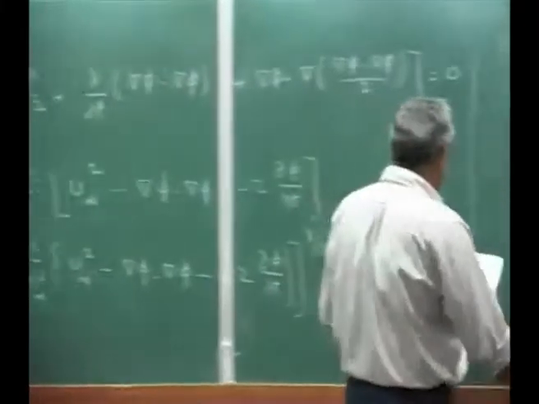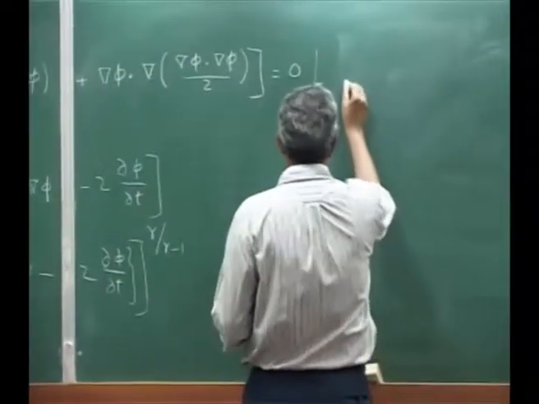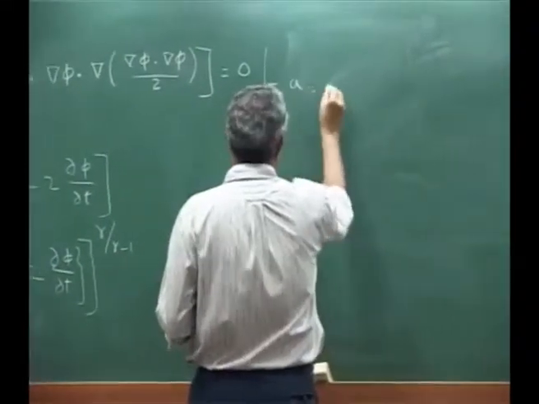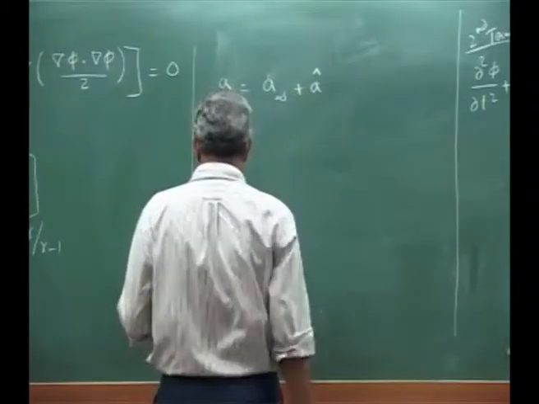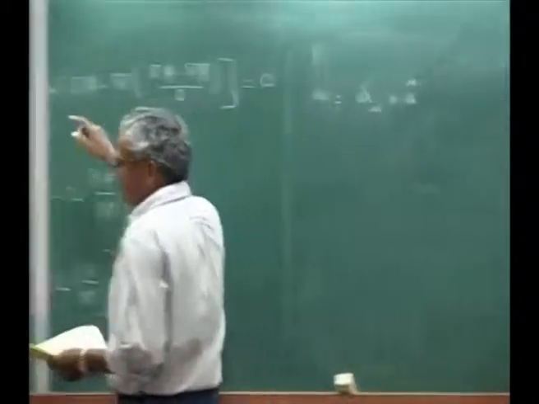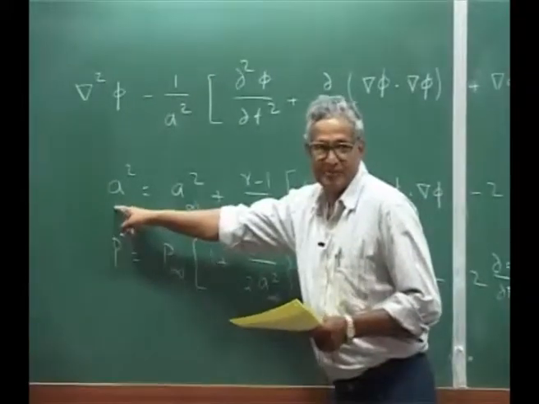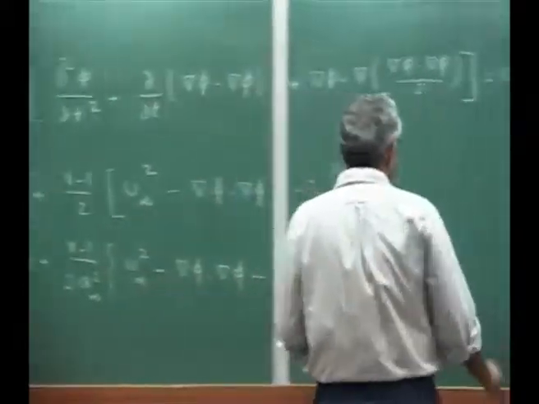I am going to write that as a equals a infinity plus a hat. So I substitute that here. What will happen? A infinity square will cancel out.